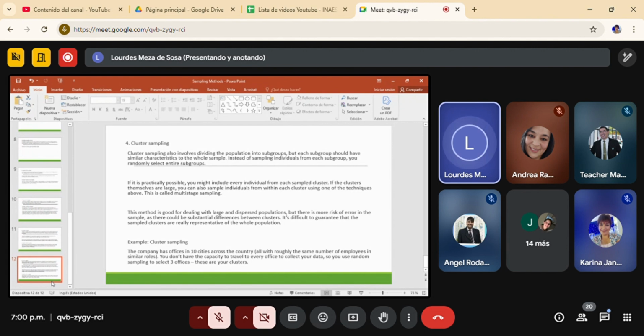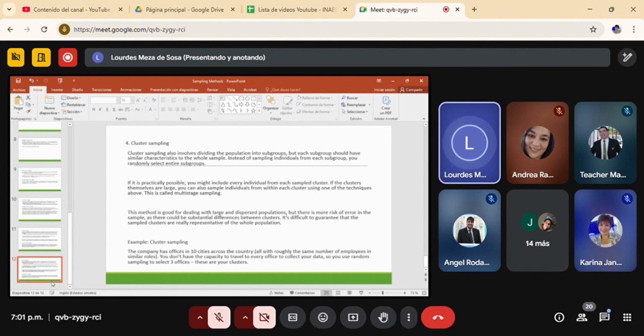If the clusters themselves are large, you can also sample individuals from within each cluster using one of the techniques above. This is called multi-stage sampling. This method is good for dealing with large and dispersed populations, but there is more risk of error in the sample, as there could be substantial differences between clusters. It's difficult to guarantee that the clusters are really representative of the whole population.